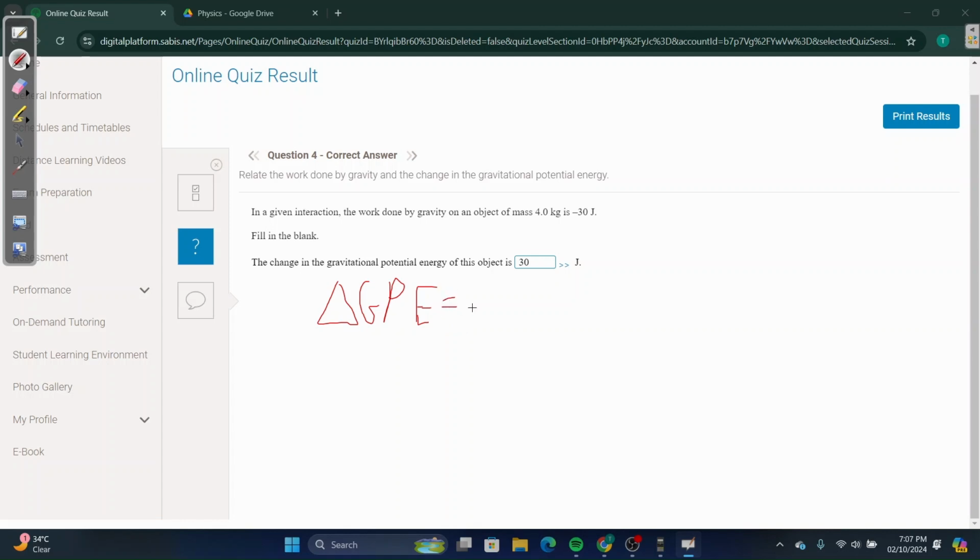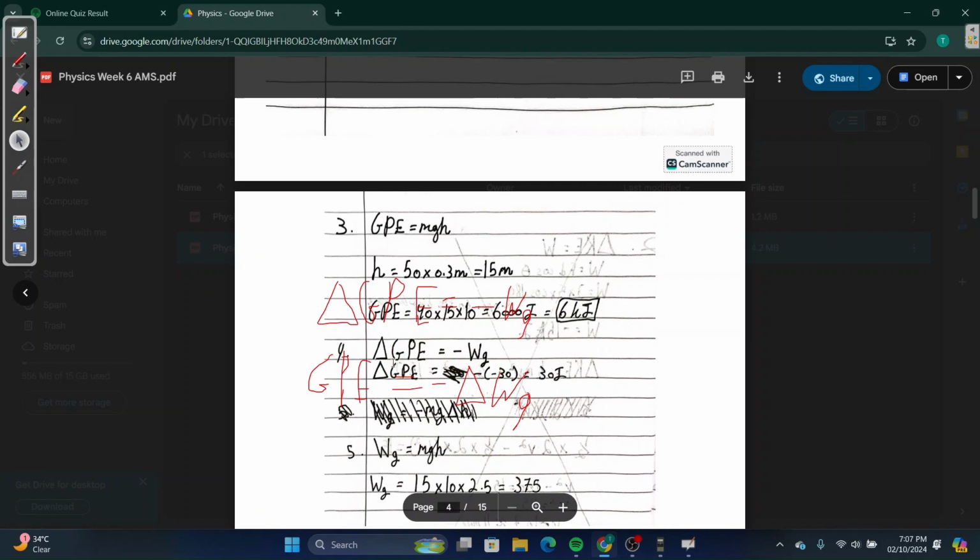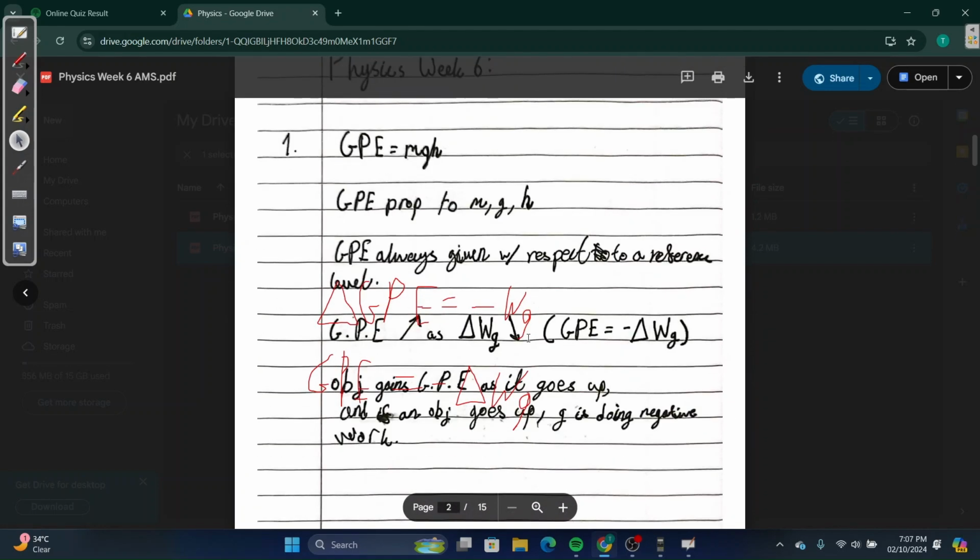I'm just going to write them down to make your life easier. Both of these are valid, and for example here we're going to use delta GPE equals negative WG.